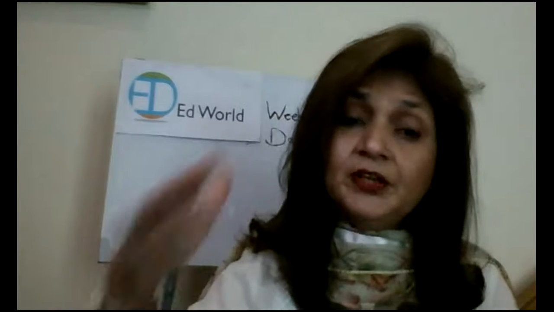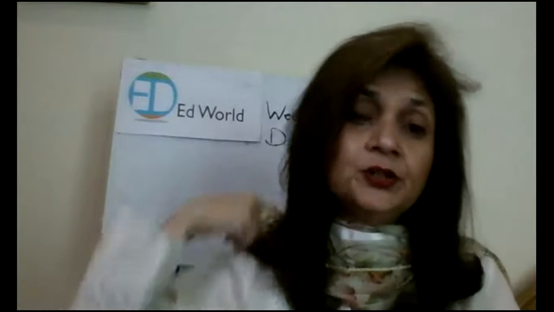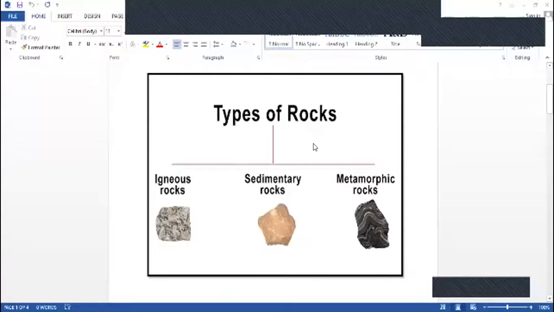When you go trekking, you find rocks, and the area is bumpy because of the rocks. So you see there are different types of rocks, right? I'm going to share a picture with you just now, and you can see how many types of rocks there are. Can you all see my screen, class?